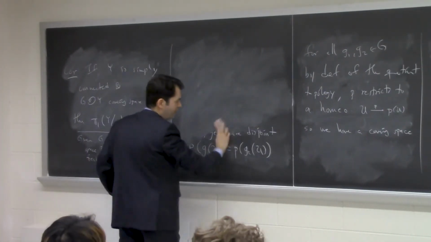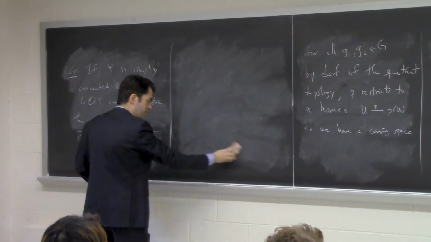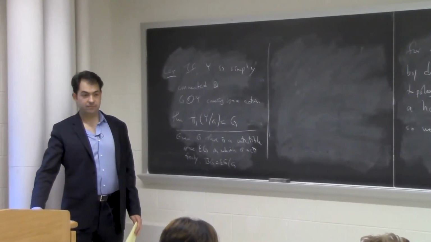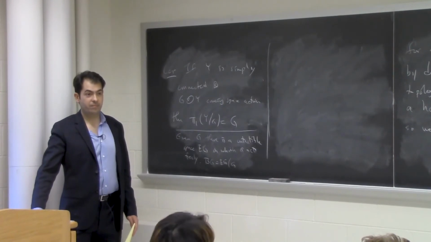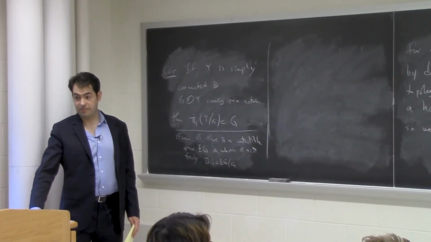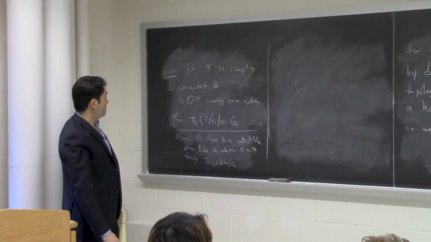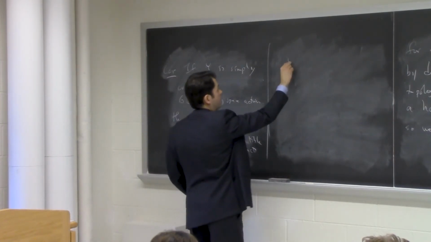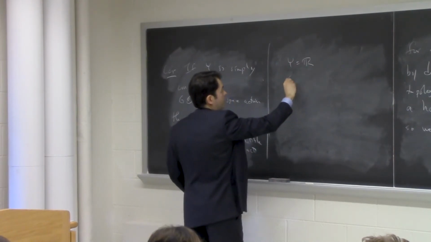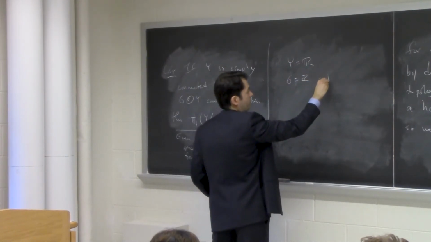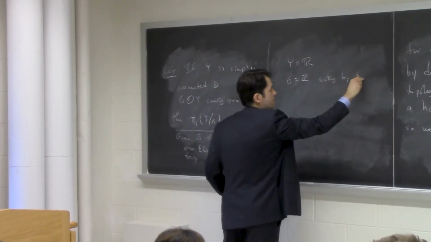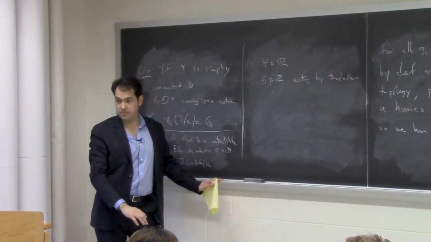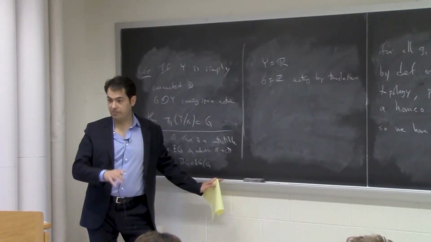OK, so questions on covering spaces, covering space actions? Could you maybe give an example of the corollary? Sure. So the simplest one would be to think of Y as R, G as the integers acting by translation. And this gives us S1 back. Exactly.